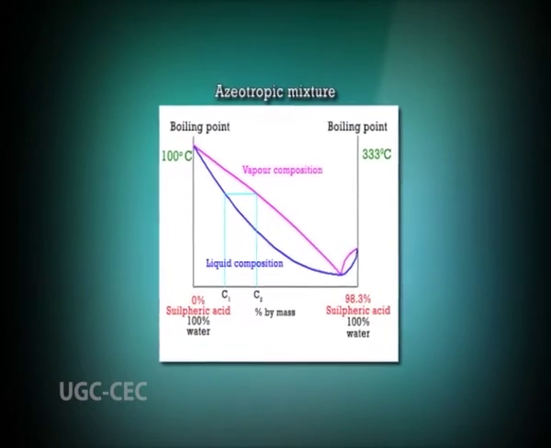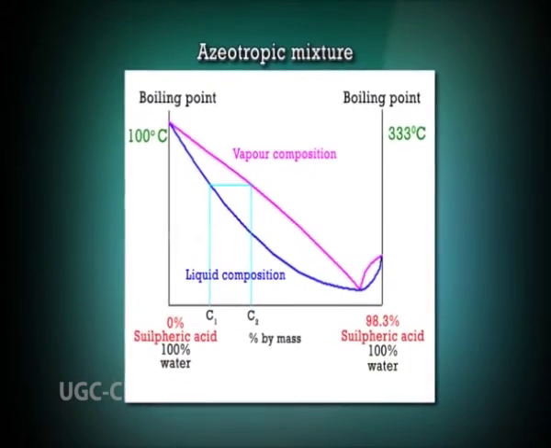A solution holding quite small amount of solute than the solvent is called a dilute solution. A mixture of two or more solvents which has definite composition and boiling point is called azeotropic mixture. For example, sulfuric acid 98.3% and water which boils at 333 degrees Celsius.